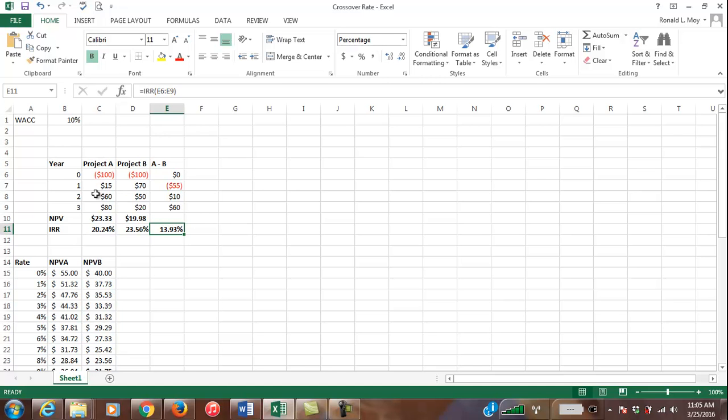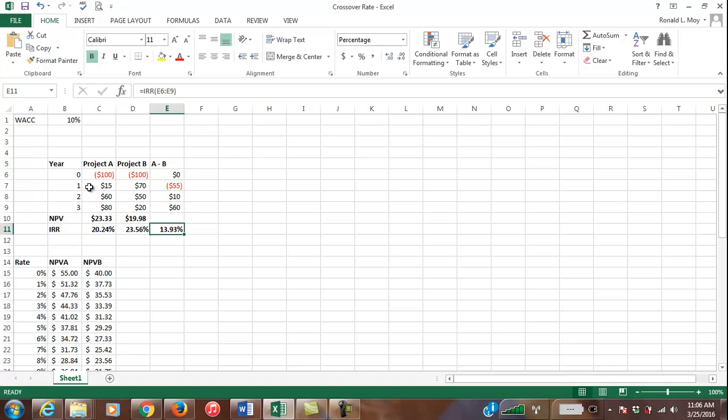So just intuitively, let's look at these numbers here. In the case of A, you get most of your money in year 3, farther out in the future. In the case of Project B, you get most of your money in year 1, close to the present.